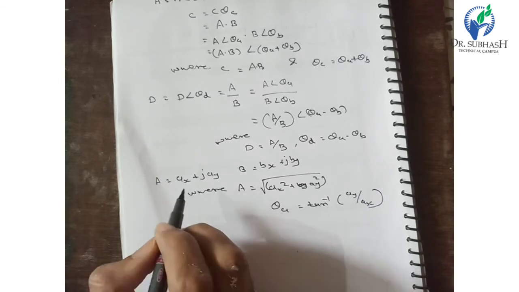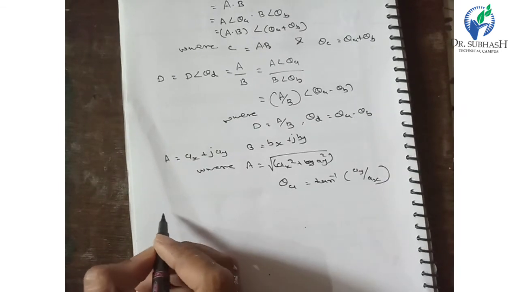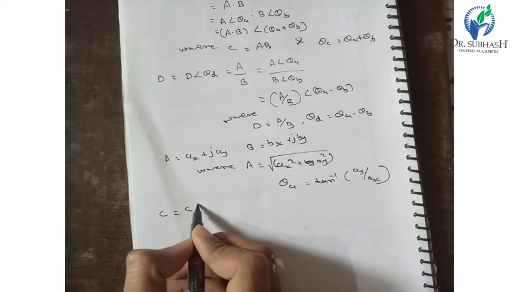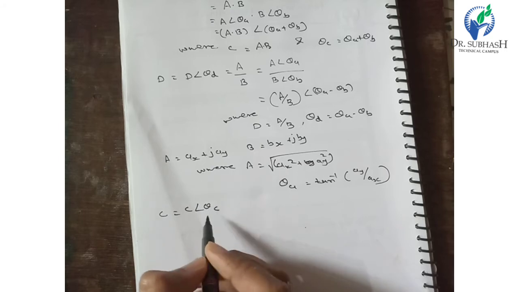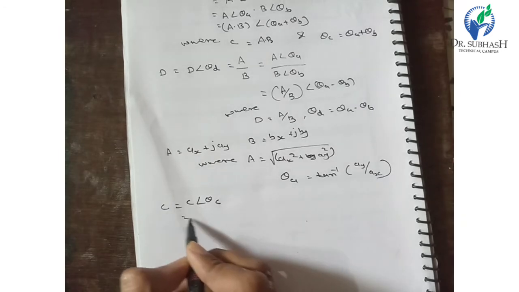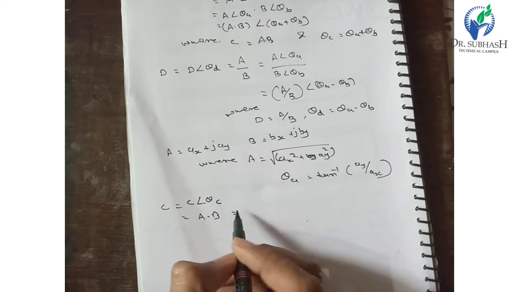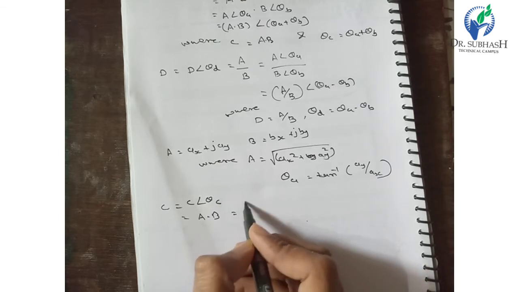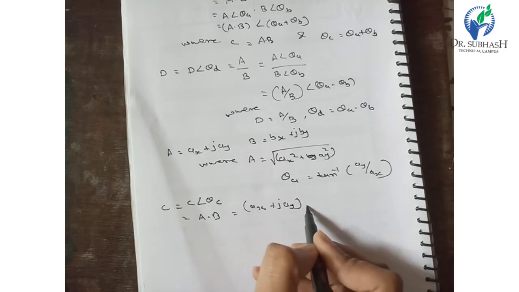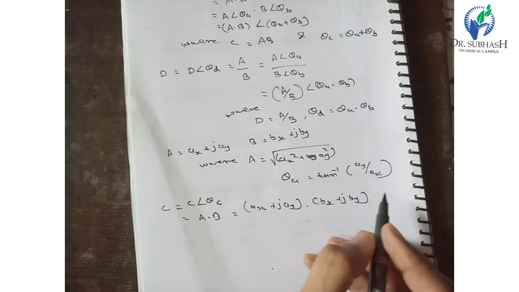So to find the product of them, it is equal to C. The resultant output is C equal to C angle theta C, so the output is in A into B form. Here the values of A and B are AX plus j into AY and BX plus j into BY.